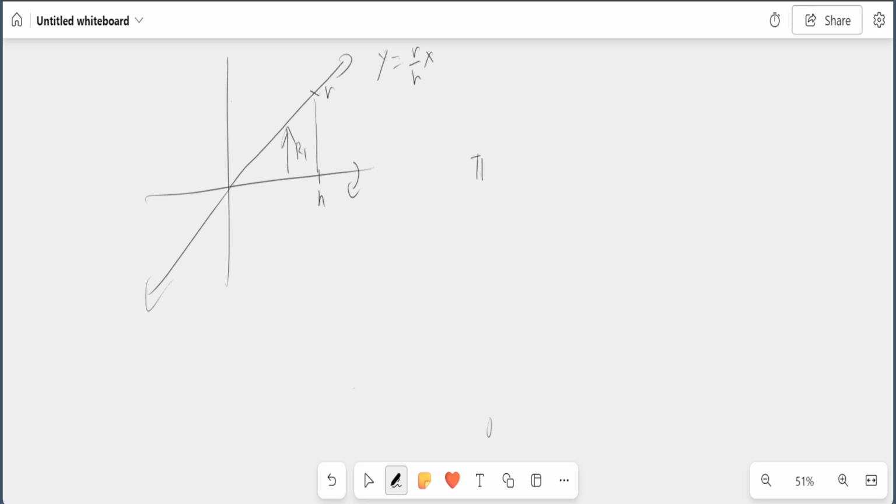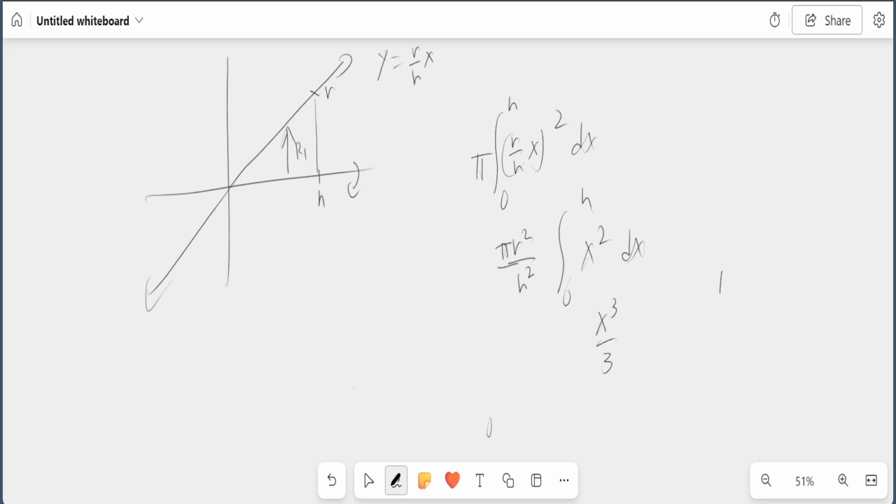Okay, so pi times R over H x squared dx, pi r squared dx from 0 to h. So r squared over h squared times pi times the integral of x squared dx from 0 to h. So that's x cubed over 3.